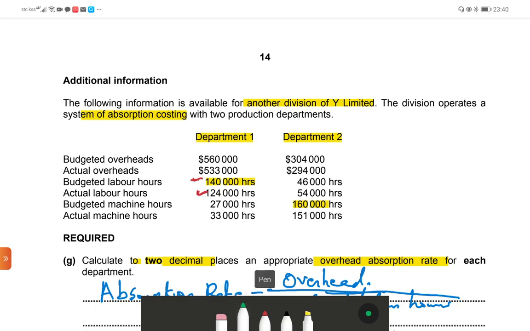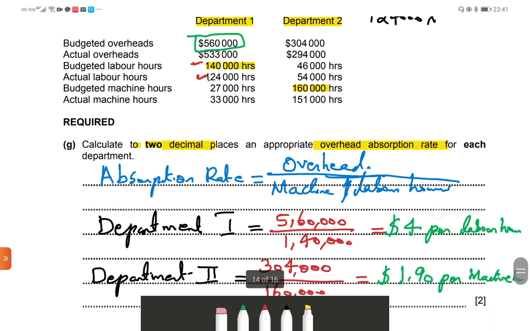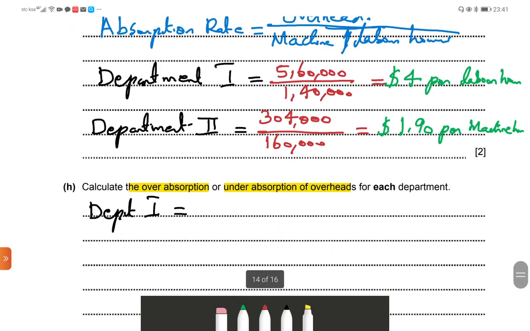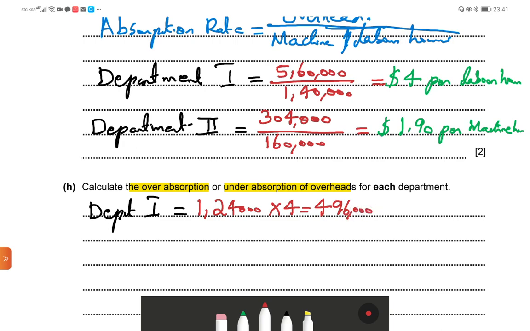The budgeted overhead for 140,000 is 560,000, but we have to find the budgeted overhead for 124,000. So 124,000 multiplied by the rate, 4, is equal to 496,000.